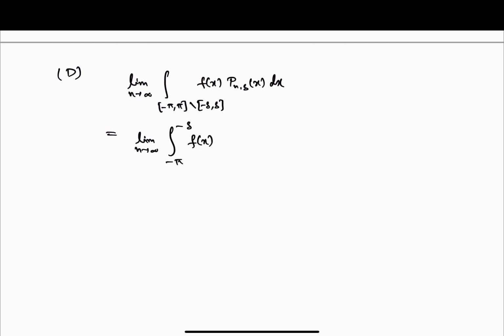So option D: limit n tends to infinity, minus pi to pi excluding minus delta to delta, f(x) p_n delta(x) dx. Again you can divide this into two parts: limit n tends to infinity, minus pi to minus delta, f(x) p_n delta(x) dx, plus limit n tends to infinity, delta to pi, f(x) p_n delta(x) dx.